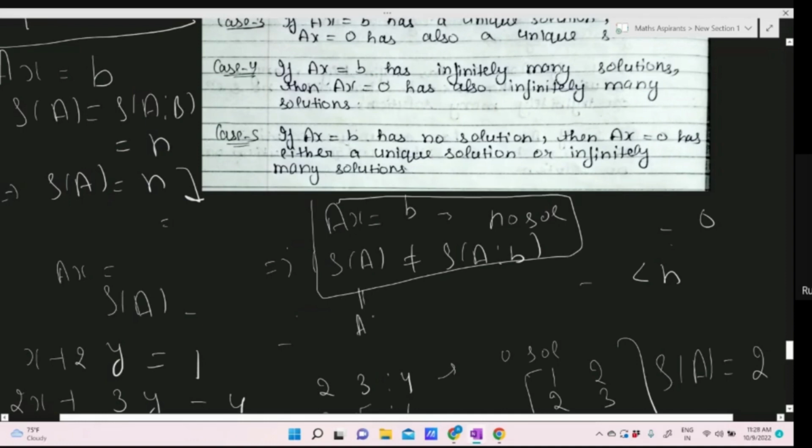Therefore, consider the corresponding system Ax is equal to 0. As you already know, the homogeneous system is always consistent. Therefore, this system will not have the case of no solution.